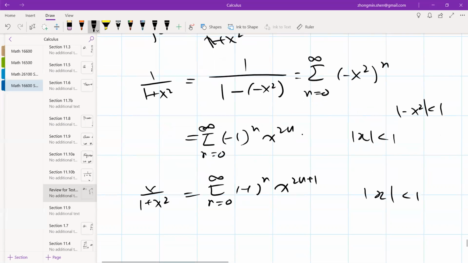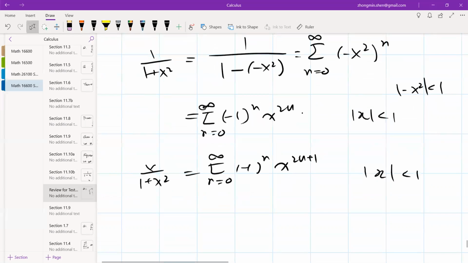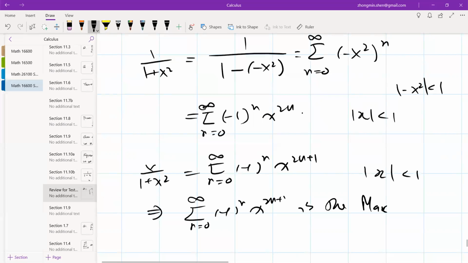Right, so I get a power series representation for this function. Okay, then this must be the Maclaurin series.